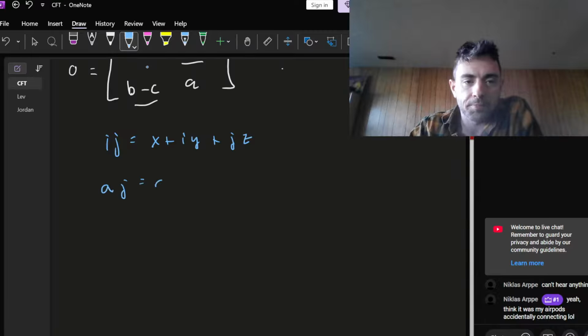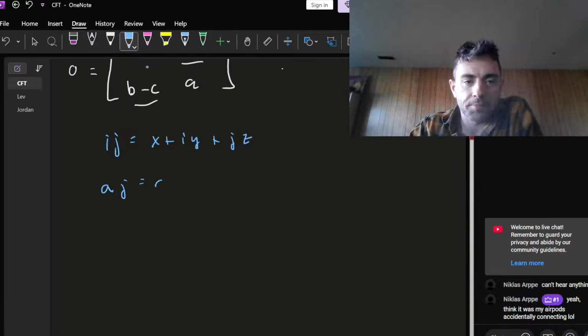Well, we do know that a z inverse is z, so we have that x is minus zy. And so I suppose these two equations are really telling us the same thing. And we know that z squared is a.